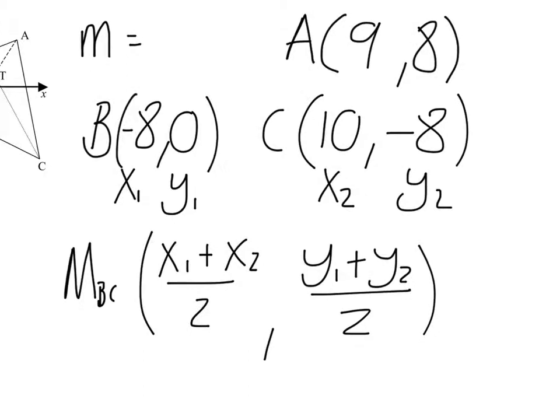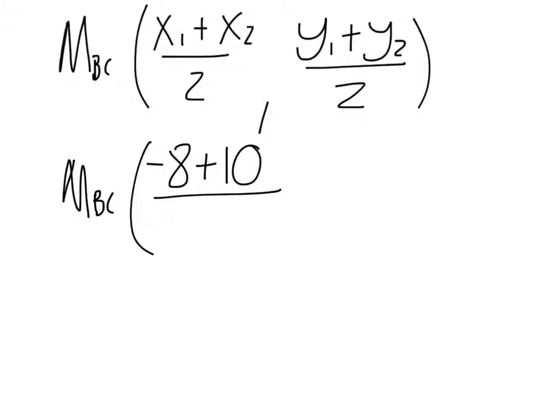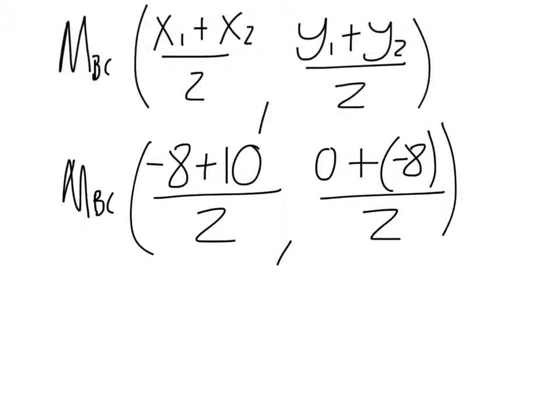So substituting in what we have, we know that x1 is negative 8 and x2 is 10 over 2, and y1 is 0 plus y2, which is negative 8 over 2.